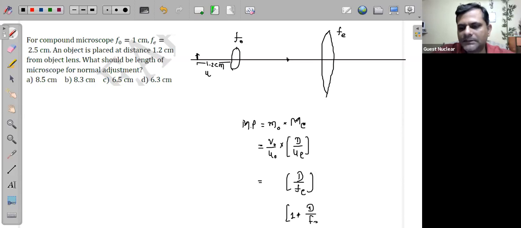The first will happen if the image is formed at distance of distinct vision, and the second if the image is formed at infinity. But बाकी VO upon UO वैसे ही रहने वाला है, it is not going to change.